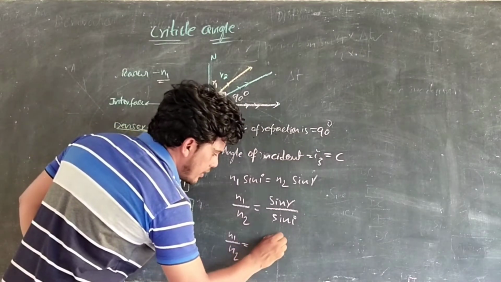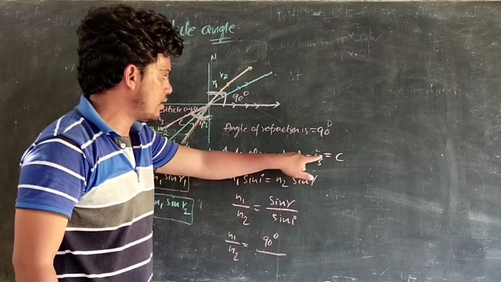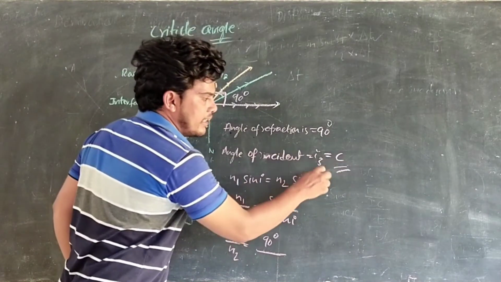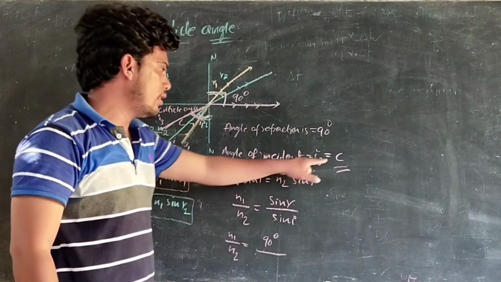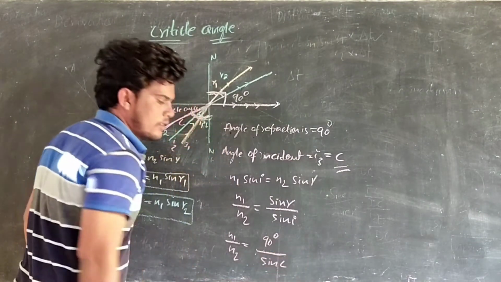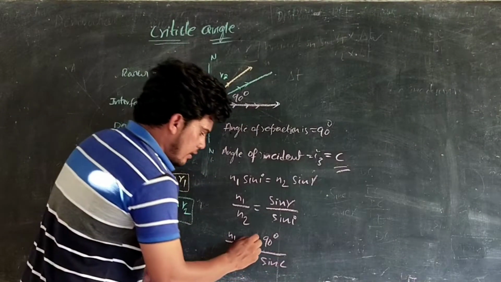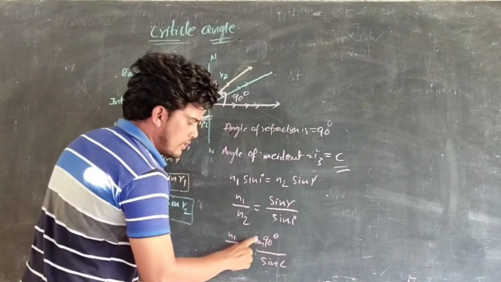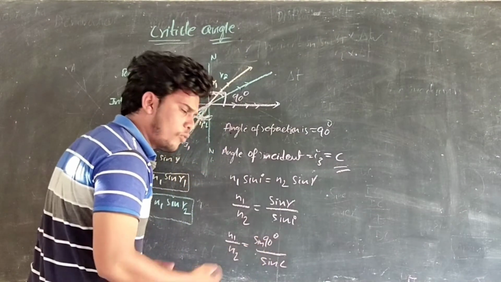So sin 90 by sin I. Here the incident angle is the critical angle C. So sin 90 by sin C. What is the sin 90 value? 1.